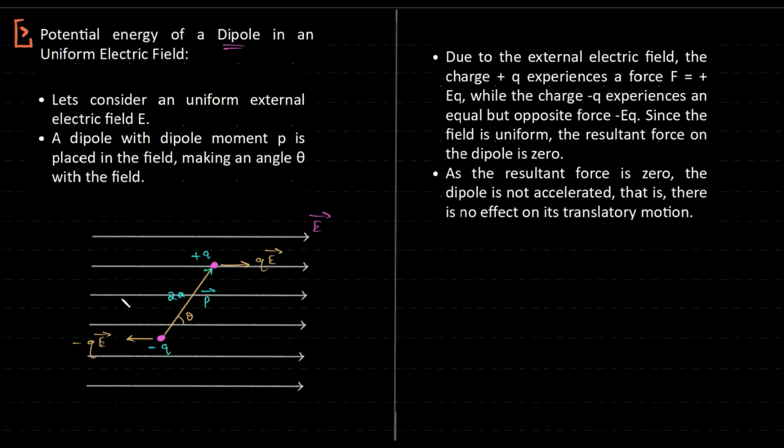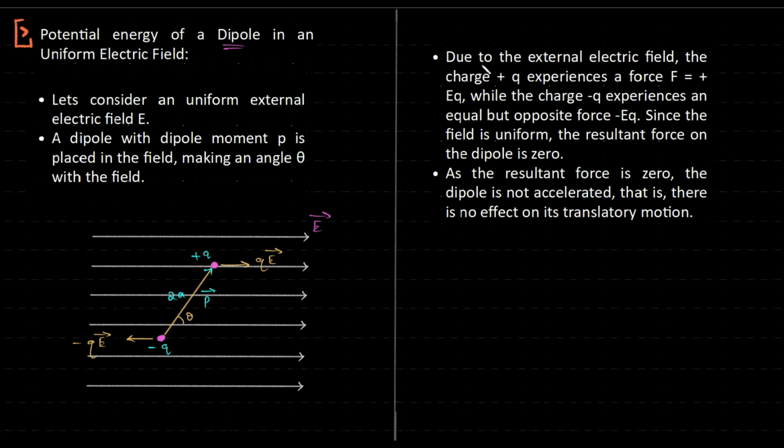It will rotate but not go anywhere, because the amount of push and the pull will be the same. Tug of war. If both the teams are equally strong, what happens? Nothing happens. But here again, I'm repeating myself, it will lead to a rotational motion.